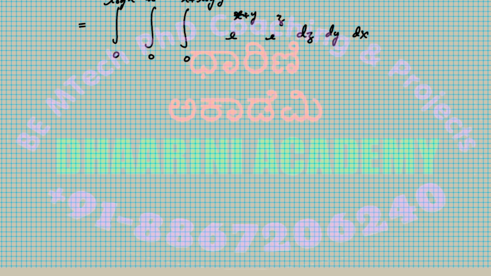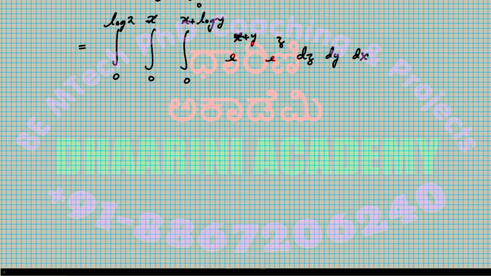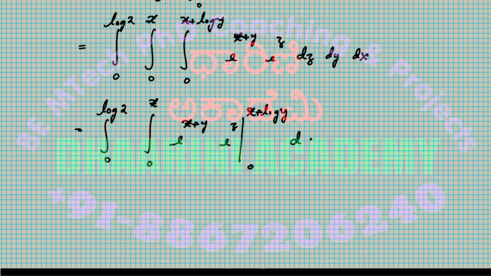So e to the z dz is e to the z itself, because we are integrating with respect to z itself. So that means this is equal to integral 0 to log 2 integral 0 to x. Then I don't write the third integral. I'll write the result of integration. This is e to the x plus y, e to the z is e to the z itself, but I need to substitute 0 to x plus log y. All right, this is dy dx.